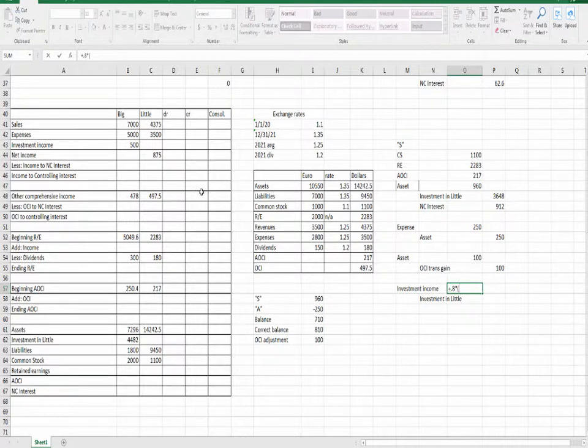We start with the reported earnings of $875 and subtract out that $250 amortization adjustment. And again, very conveniently, that investment income we just calculated is the same number that's in the trial balance as investment income. We also have to eliminate Big's other comprehensive income from the translation gain.